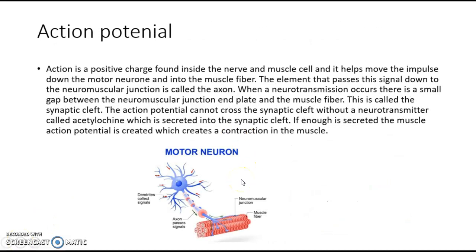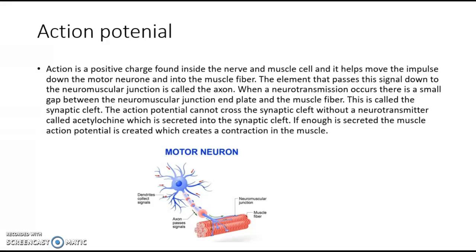So, action potential. Action potential is a positive charge found inside the nerve and muscle cell, and it helps move the impulse down the motor neuron and into the muscle fiber. The element that passes the signal down to the neuromuscular junction is called the axon. When a neurotransmission occurs, there is a small gap between the neuromuscular junction end plate and the muscle fiber.